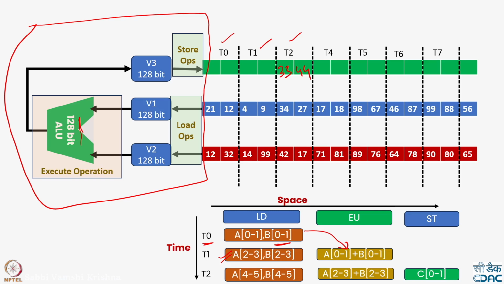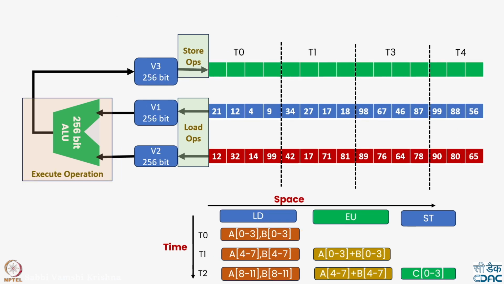Let us see the next scenario. In this scenario, my vector register size has become 256 bits. That means it can carry 4 elements of 64 bit at a time, and my ALU size has also become 256 bit.